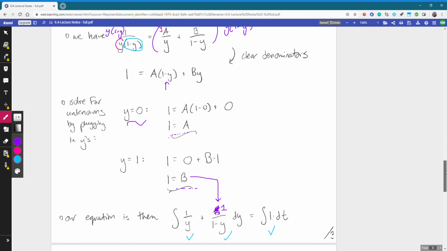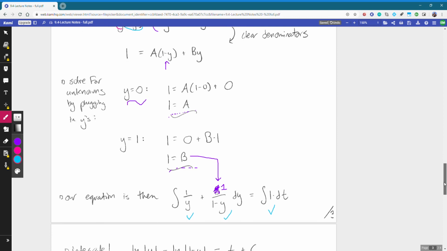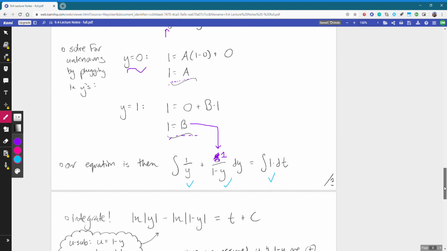There's a little subtlety here in the middle. We end up with natural log of absolute value of y for the left-hand term's antiderivative. And we get minus natural log absolute value of 1 minus y for the middle. And where this minus is coming from is this minus y in the denominator. It needs to be there.